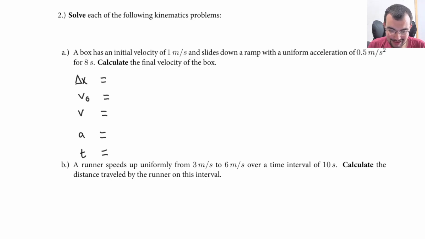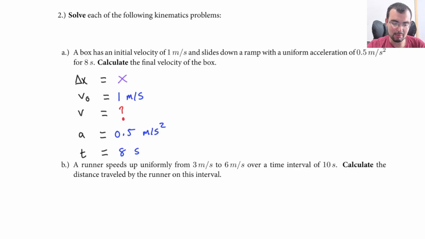All right, a box has initial velocity 1 meter per second. That's very clearly V0. And it slides down a ramp with a uniform acceleration of 0.5 meters per second squared for 8 seconds. Calculate the final velocity of the box. So what I want is V, which means I don't want delta x.